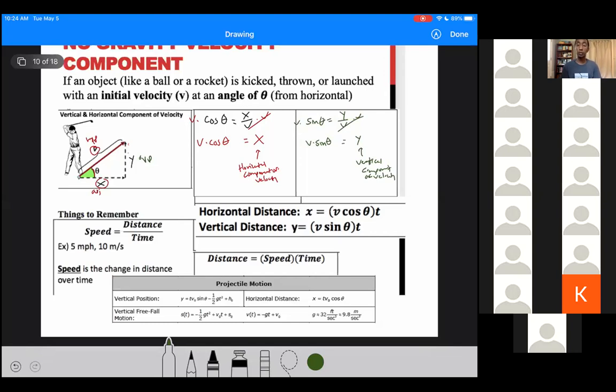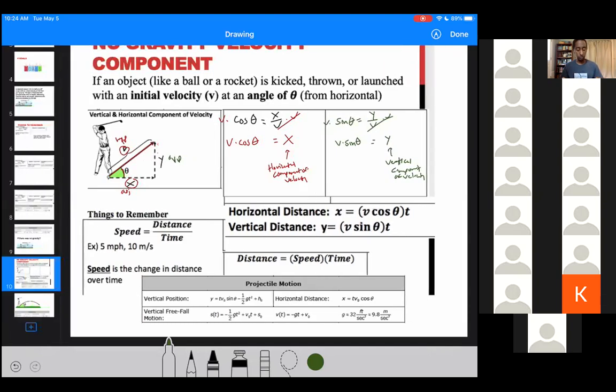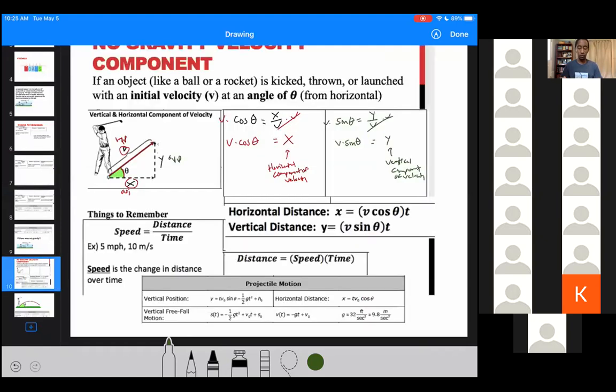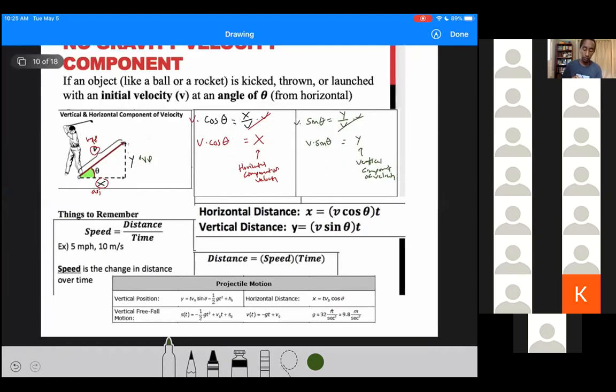Now remember, velocity is just speed in a given direction, right? So in this particular case, if we think about the relationship here, distance is speed times time. This is the horizontal component of our velocity, which would be our speed in the horizontal direction.